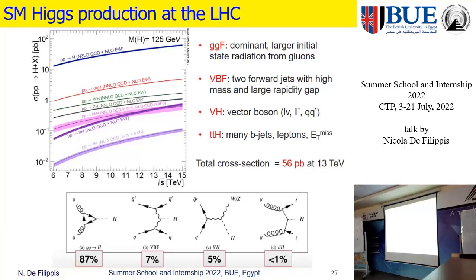This is the most probable production mode for the Higgs boson, with a cross-section of about a few picobarns. Still much lower than whatever other cross-section measured at the LHC. It's a very rare production process.